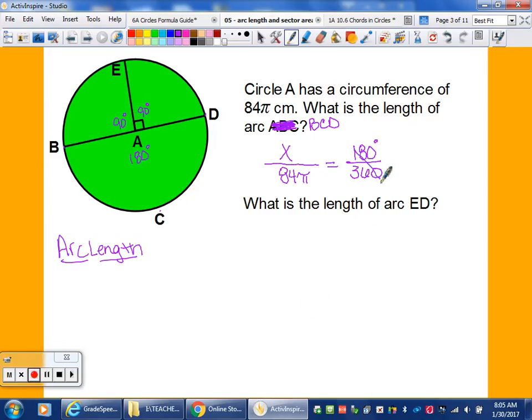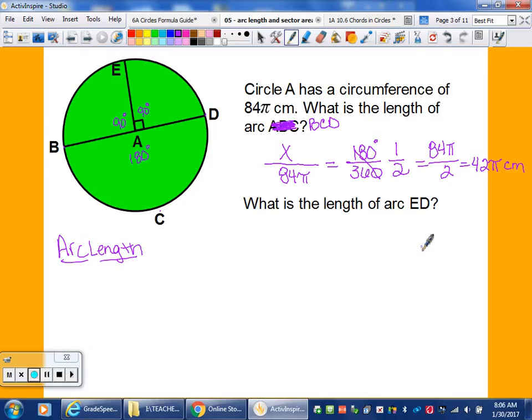Now 180 over 360 can reduce to 1/2, to where all I have to do is cross multiply, and I would get 84 pi, and then divide by the 2 to give me my arc length, which would then give me 42 pi, and that would be still centimeters.